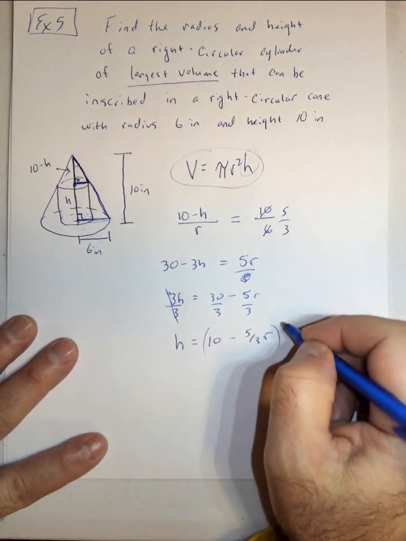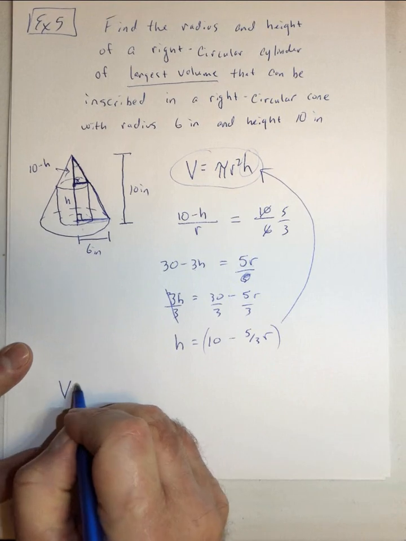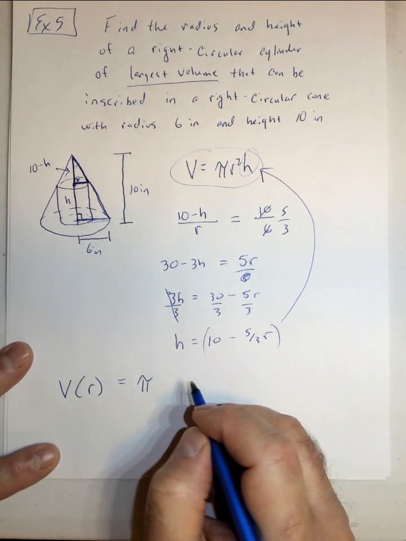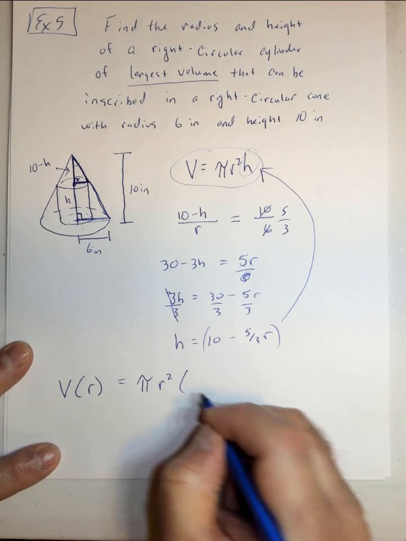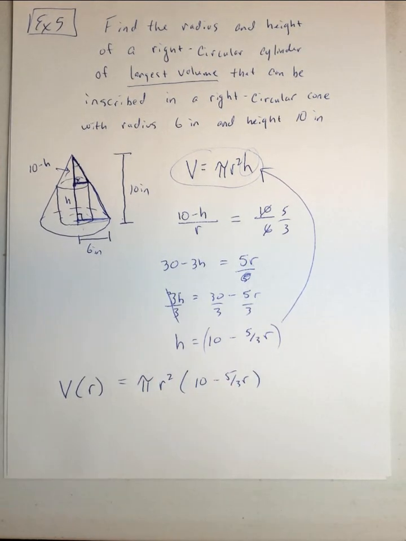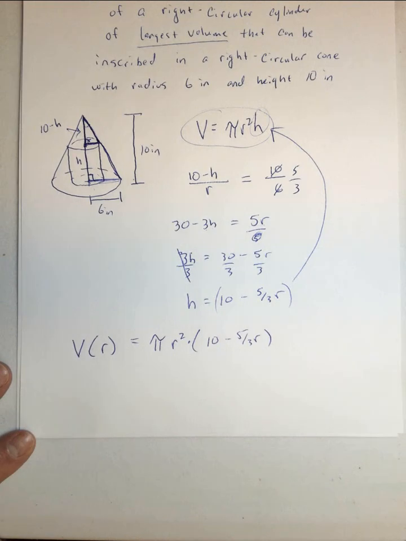And then plug it in. So V now is a function of r, in which case we have pi r squared times h, which is 10 minus 5/3 r. So the next step: find the derivative, set it equal to 0, solve, and you're good to go.